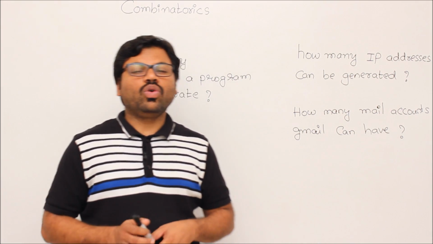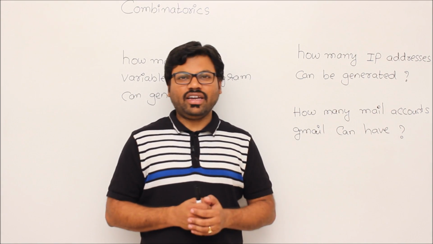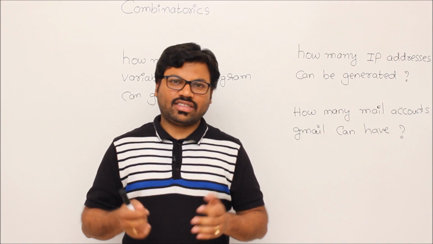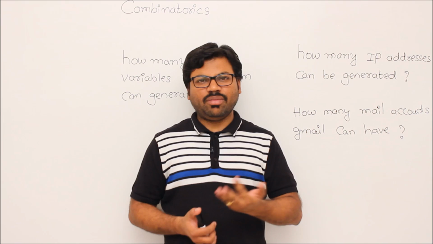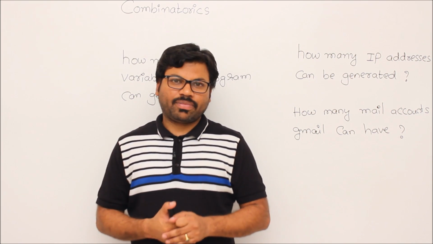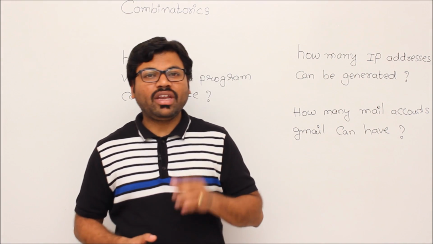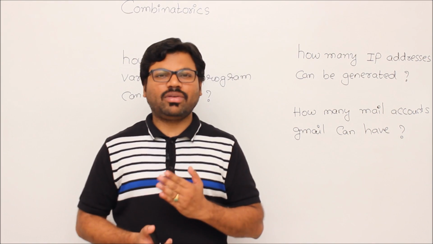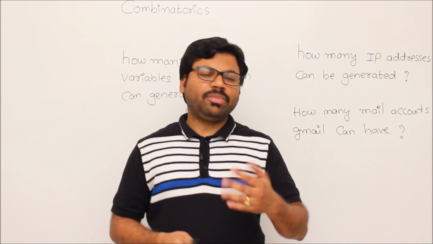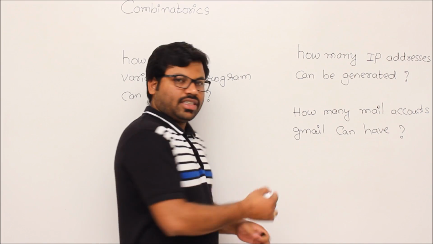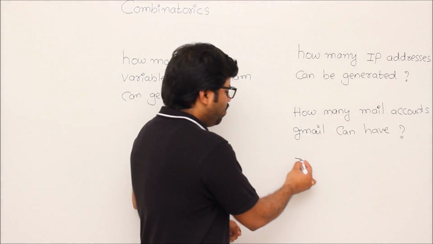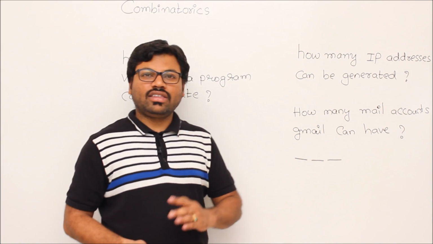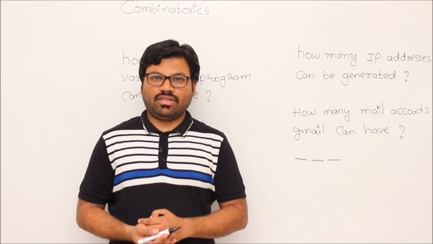Second one, let's say Google has Gmail, right? Gmail gives you IDs; every customer who uses Gmail requires an ID. Then how many IDs you can generate decides the number of customers Gmail can have. Suppose, for simplicity, though it may not be true, Gmail allows only three-position mail IDs.